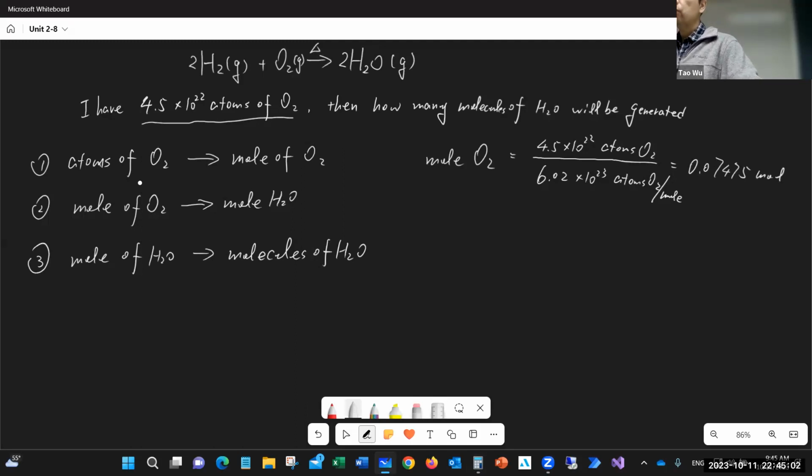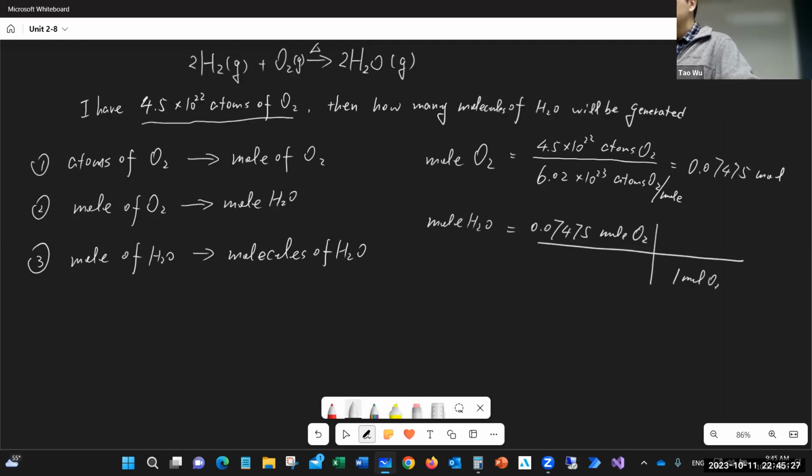And then based on the stoichiometry, you can figure out the moles of water from the moles of oxygen, right? The moles of water should be equal to 0.07475 moles of oxygen, then you cancel. 1 mole of oxygen can generate 2 moles of water, right?